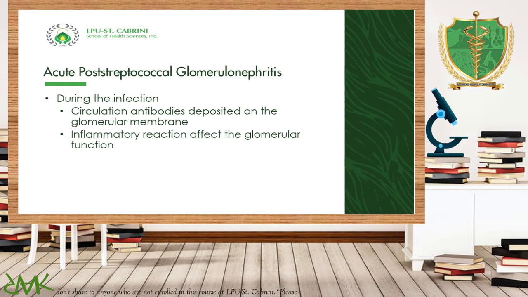Remember guys, the nephrogenic strains of streptococci form immune complexes in the circulation with their corresponding antibodies, deposited on the glomerular membrane. So that is the problem, why someone develops post-streptococcal glomerulonephritis.